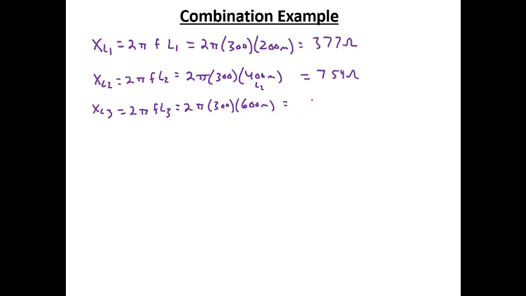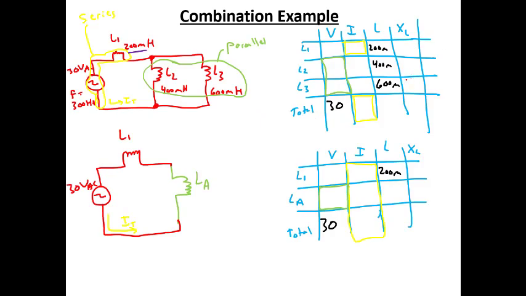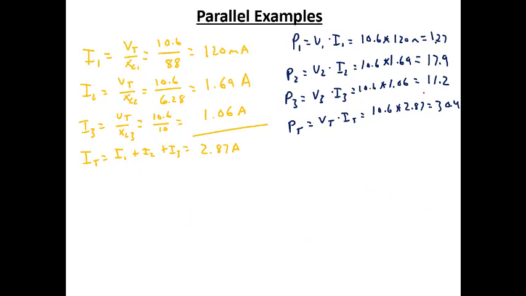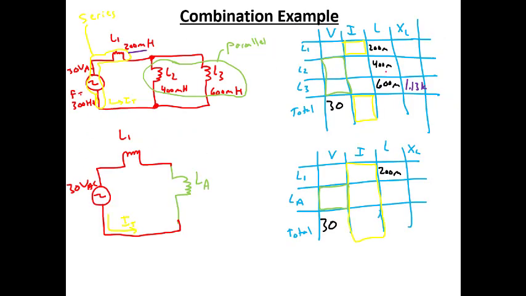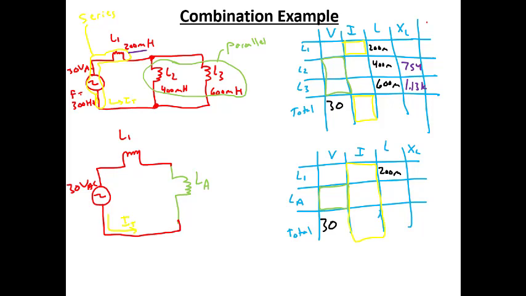And if I do that, I get 1.13 k ohms. All right, so let's transfer those back up. So this was 1.13 k, and then we had 754, and then we had 377.